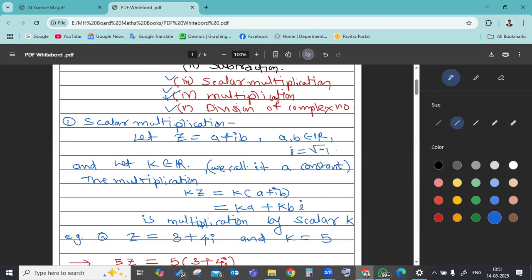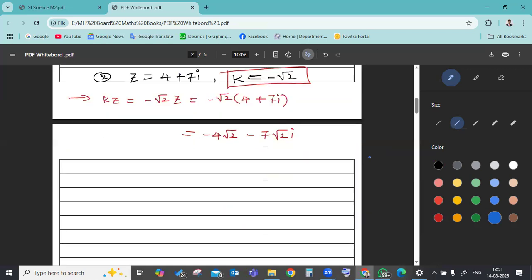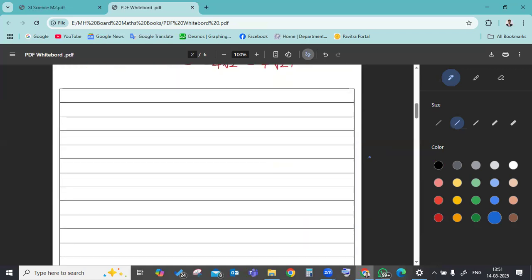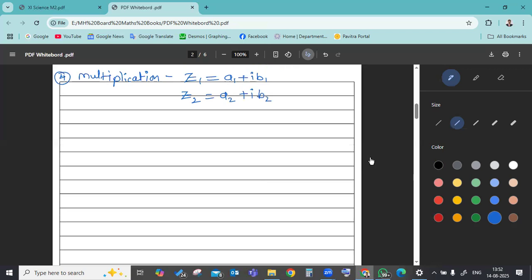Now next, multiplication. Let's study now the next topic, multiplication. So let's take Z1 as a1 plus i b1, a complex number, and Z2 as a2 plus i b2, another complex number.